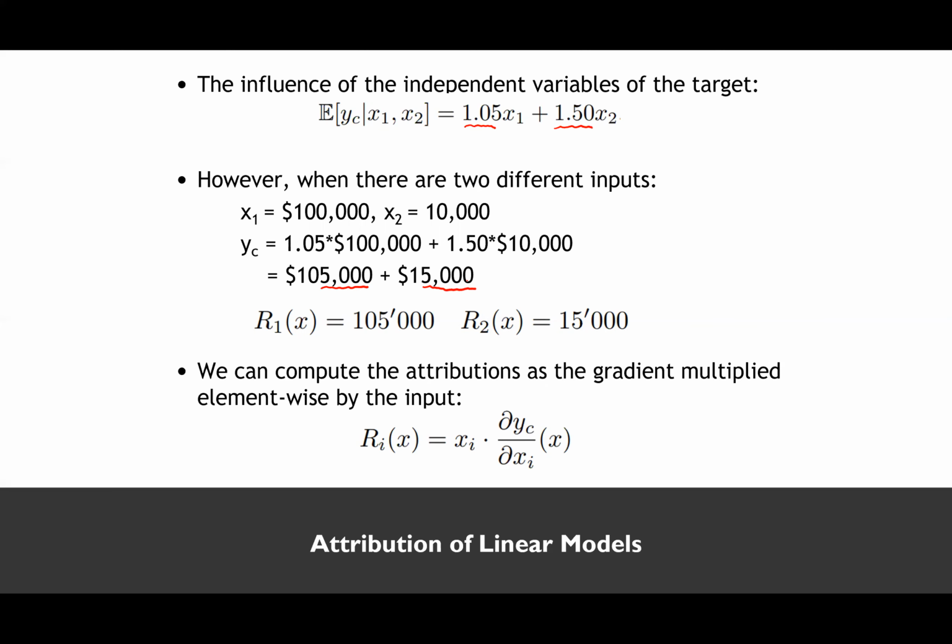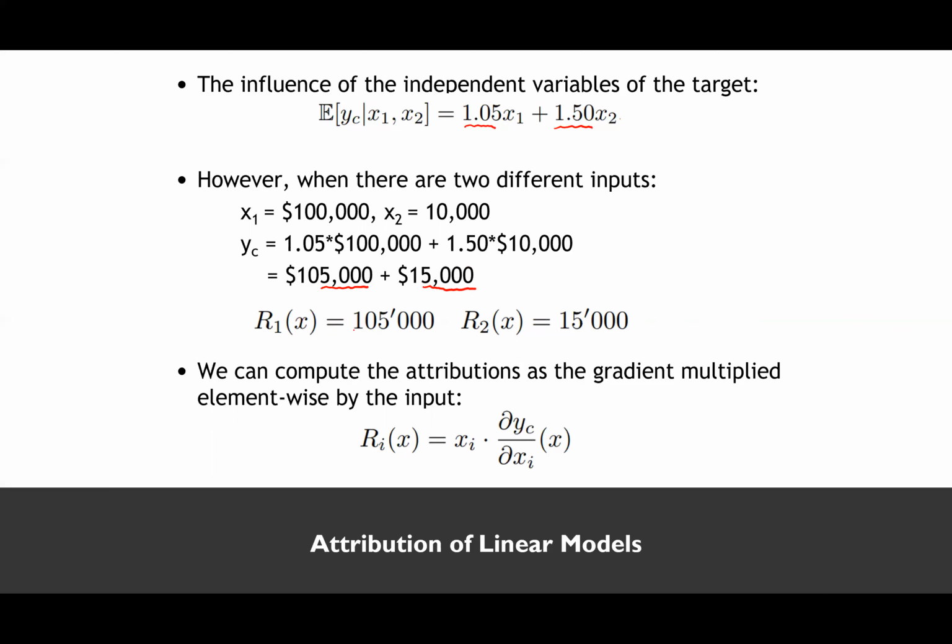Not only for the case where we include x1 and also the coefficient 1.05, suppose we may have limitations for the input values x1 and x2. For example, we may not invest more than 10,000 in x2. So in this case, the attribution of x1 compared to x2 is about 10 times or 8 times, and so on.